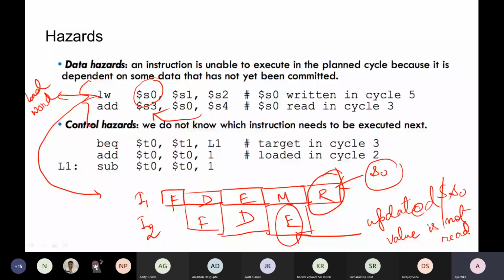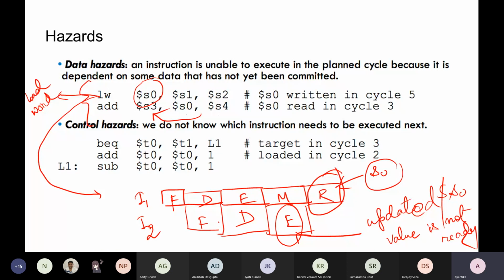In spite of the fact that the way you are writing, you are thinking that I will load some word in this S0 and on that S0 value I will be doing that addition. But actually, when that execution is taking place in your pipeline processor, if there is no data hazard solution or no check whether there is a possibility of data hazard, then the instruction 2 output will be wrong, because your processor has actually computed that on some old value.